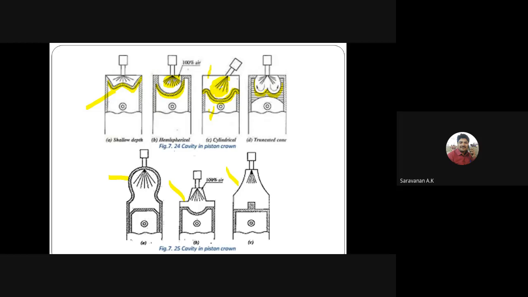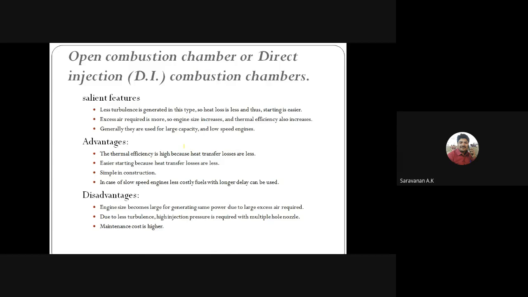We have different types of open chambers, depending on the cavity presented in the piston head, the piston crown. Here the fuel is directly injected into the open chamber. This type of injection is called direct injection, or an open chamber. Here also we have some salient features, advantages and disadvantages.